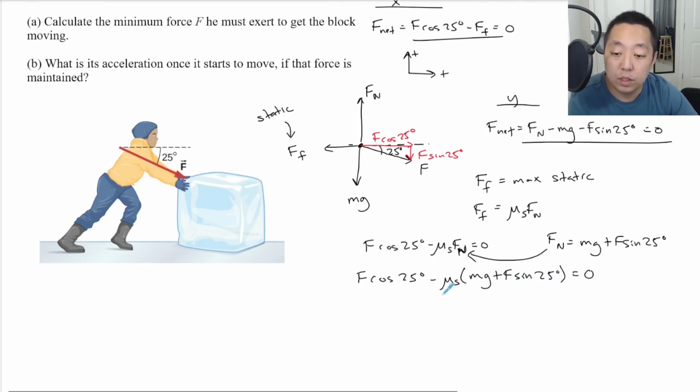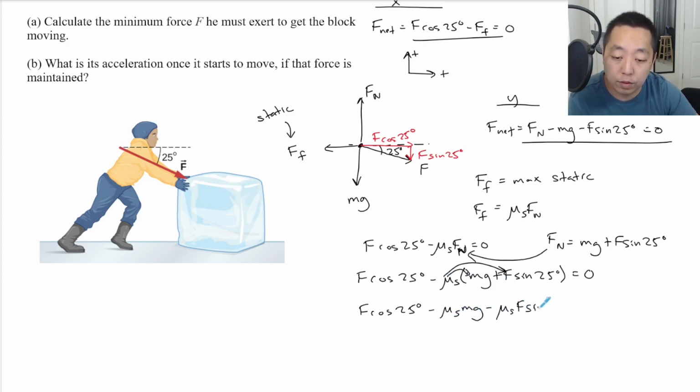I'm going to distribute the mu s: F cosine 25 degrees minus mu s mg minus mu s F sine 25 degrees equals 0.